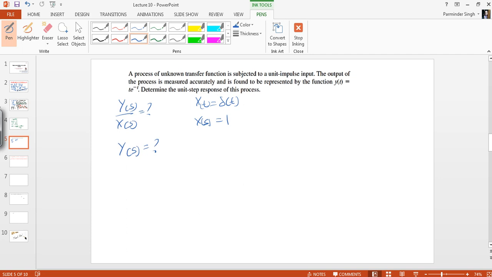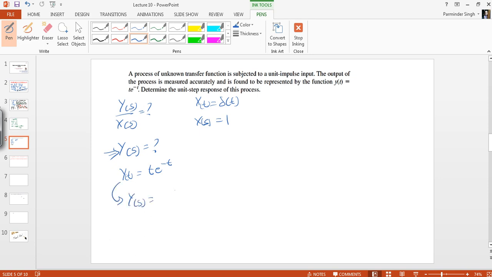But it says the output y(t) is given. When the Laplace inverse of Y(s) is taken, it comes out to be t e^(-t). So if y(t) is given, we can calculate Y(s) from here. What will be Y(s)?